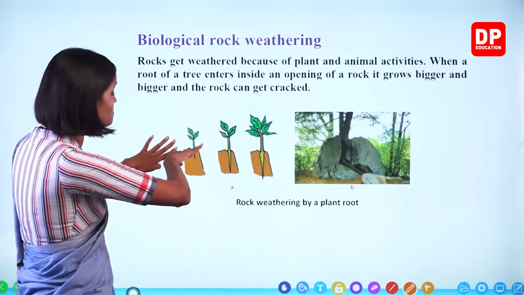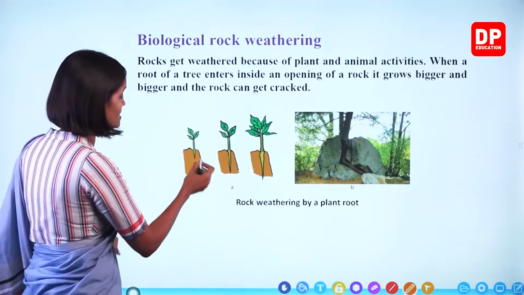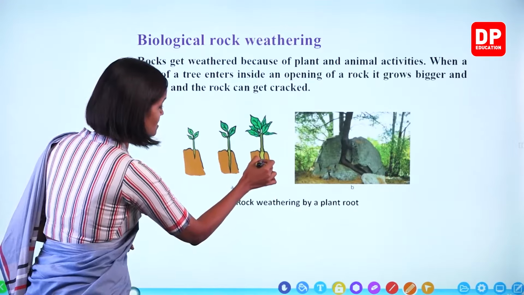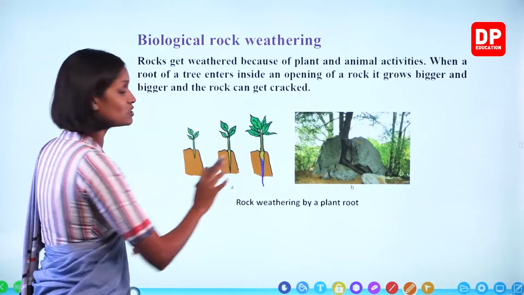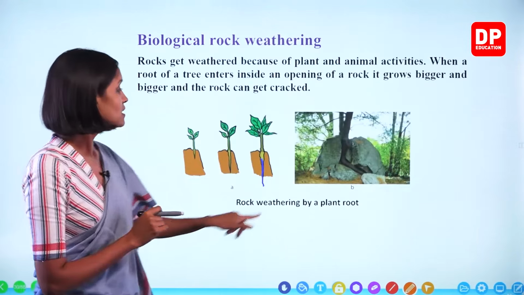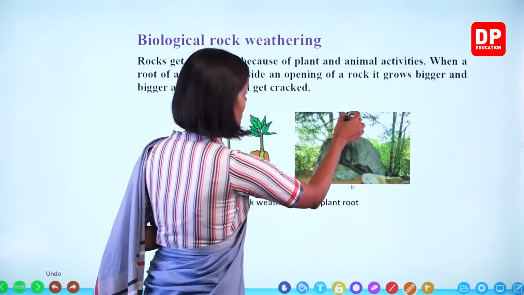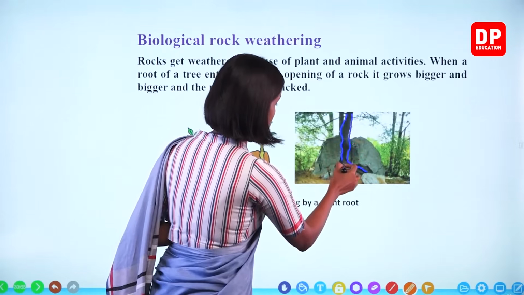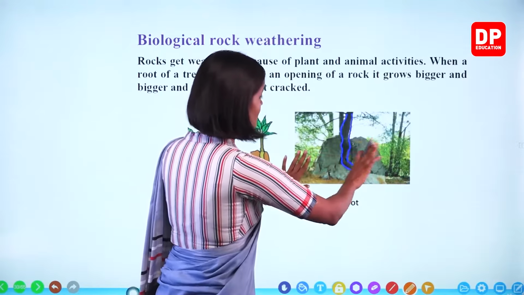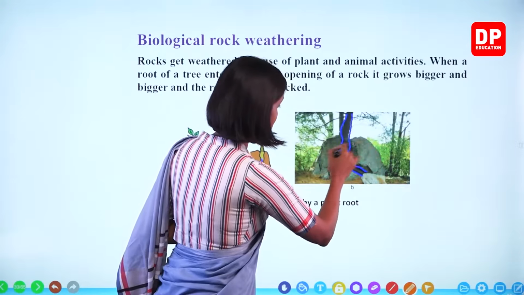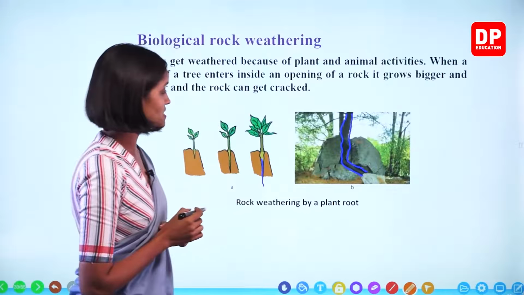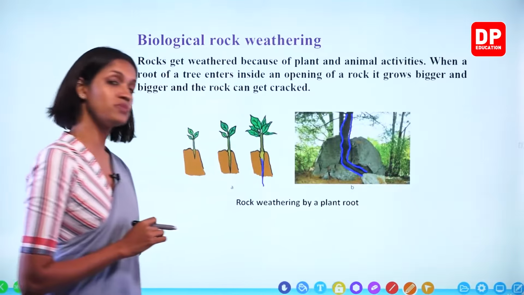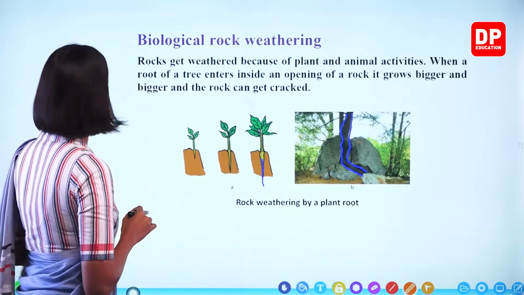Thereby the crack becomes bigger and bigger, and at one point, this root can break the rock into pieces. Look at this picture, children. Here you can see how part of this tree has separated this rock into pieces. So this is a good example. We'll move on to the next.